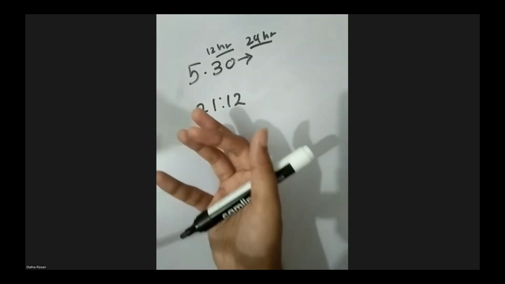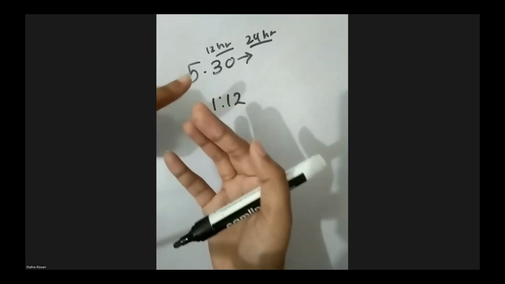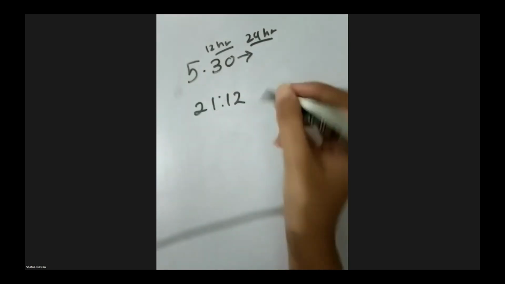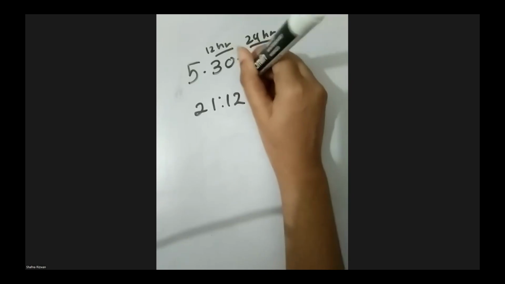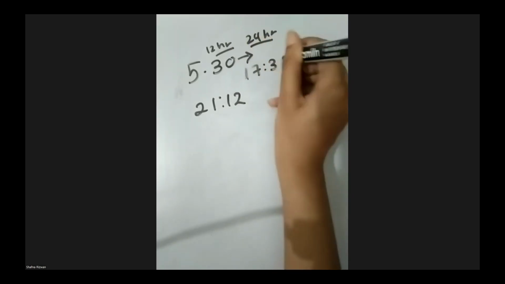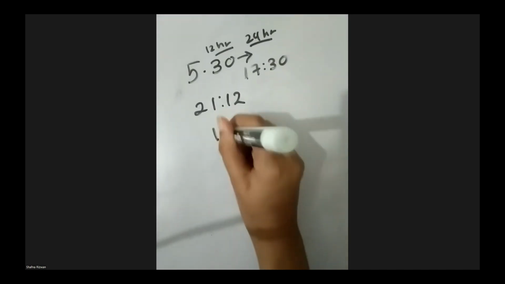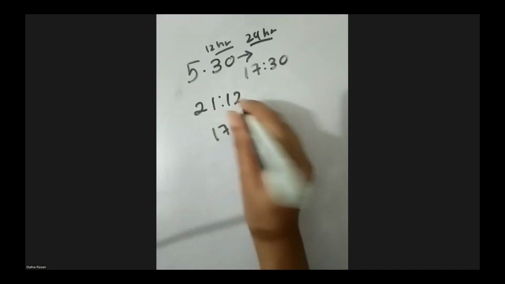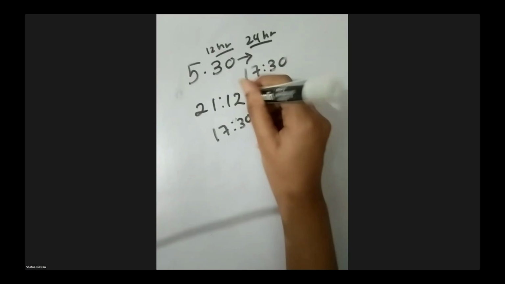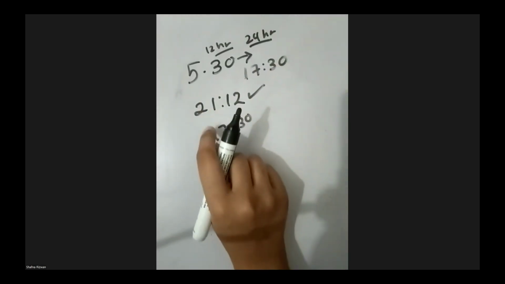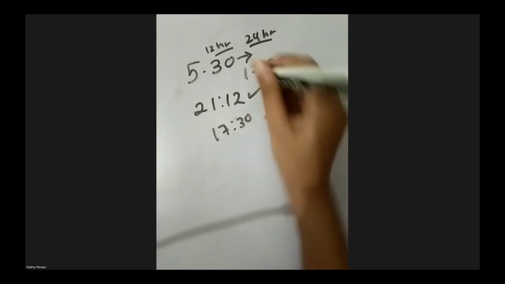That means after 12, this is 13, 14, 15, 16, and 17. So this is 17:30. 17, but 30 keep it as it is. Now 17:30 we have got here, and here we have 21:12. 21:12 means 9:12. Okay, now let's find the gap between these.